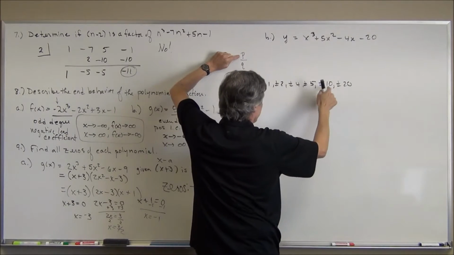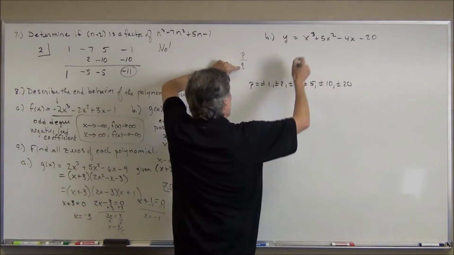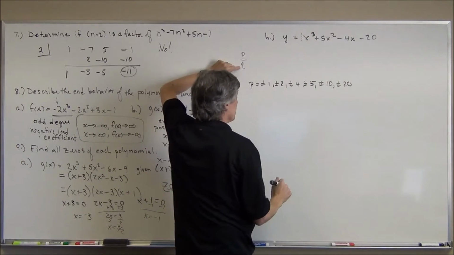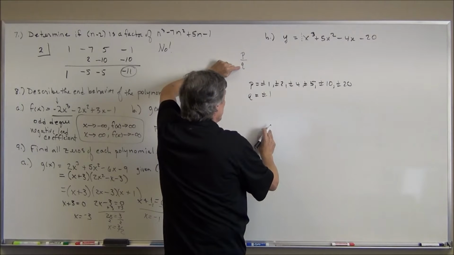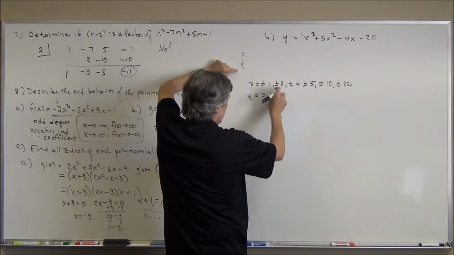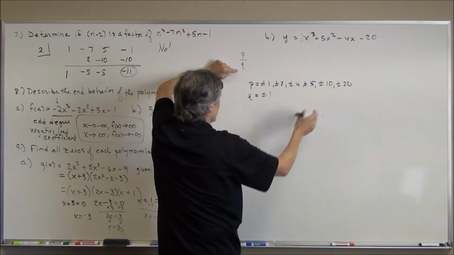2, 4, 6, 8, 10, 12. 12 possibilities just for P. Q, fortunately for us, has a lead coefficient of 1, so Q could only be plus or minus 1. So P over Q is going to be the same thing as what P is.